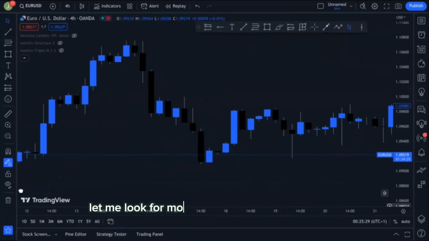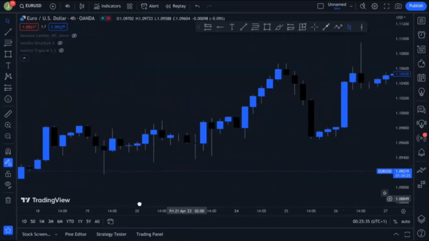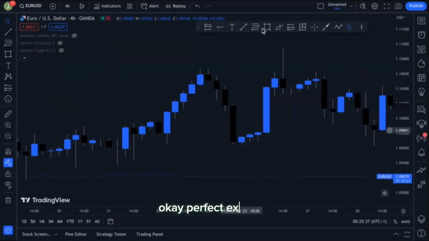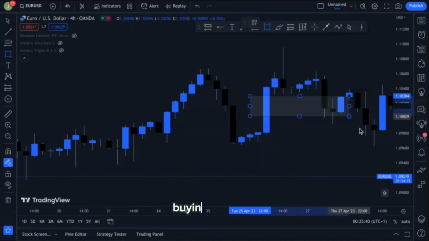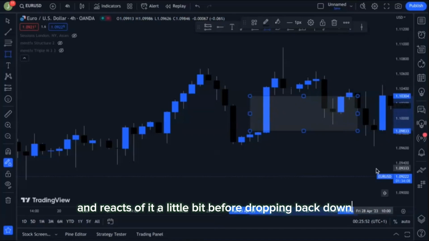Let me look for more examples to show you guys. Okay, perfect example. Buying pressure leaves back this imbalance. The market comes back, fills it, and reacts off it a little bit before dropping back down.